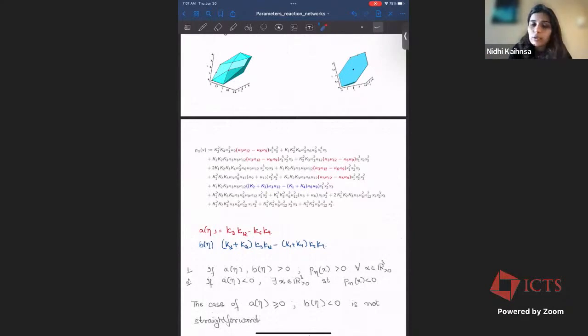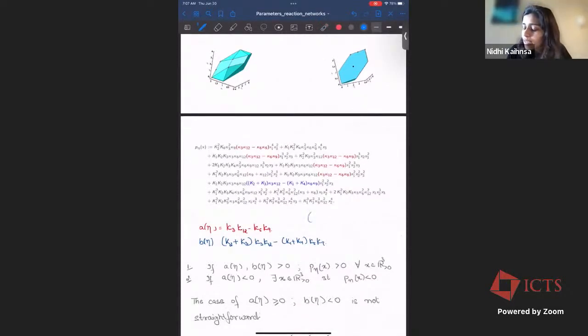If I pick the point 1, K3, K6, K9, K12, this is my kappa 3, kappa 6, kappa 9, and kappa 12. Now, this already gives me that A eta is negative. For this parameter value, I know that my polynomial will be negative at some point.